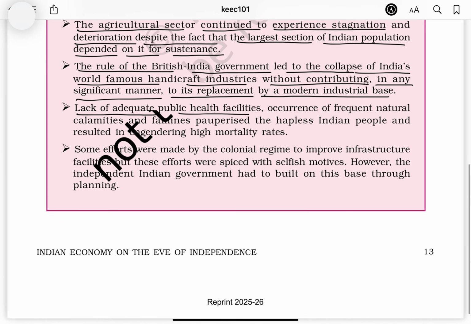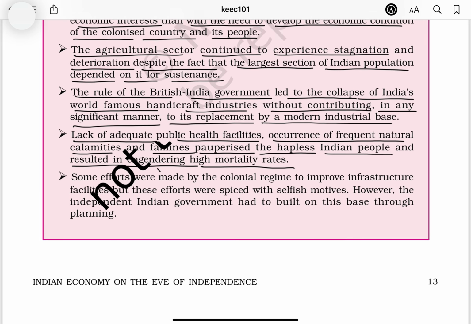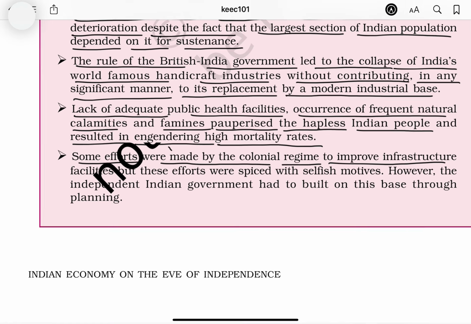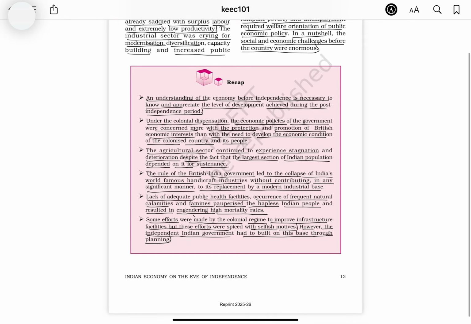Lack of adequate public health facilities, occurrence of frequent natural calamities and famines pauperized the hapless Indian people and resulted in engendering high mortality rates. Some efforts were made by the colonial regime to improve infrastructure facilities, but these efforts were spiced with selfish motives. However, the independent Indian government had to build on this base through planning.